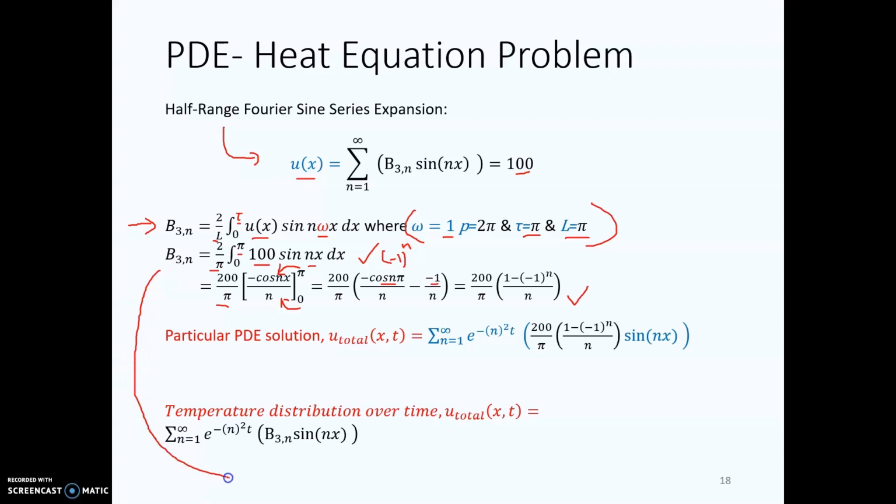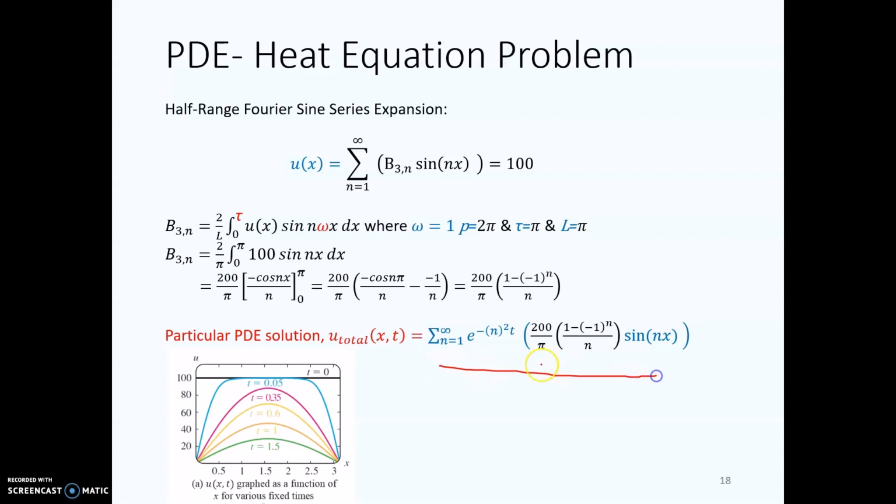Substitute the b inside the general PDE solution that you obtained previously. Then you can obtain the particular PDE solution here. This solution is very useful as it can be used to determine and estimate the temperature change with respect to time as well as different locations x.